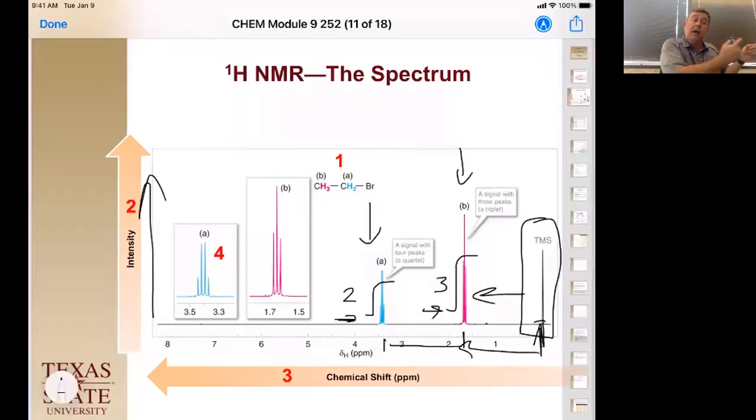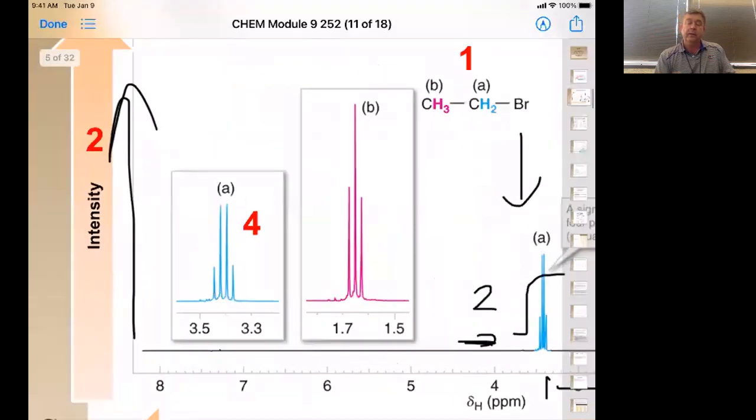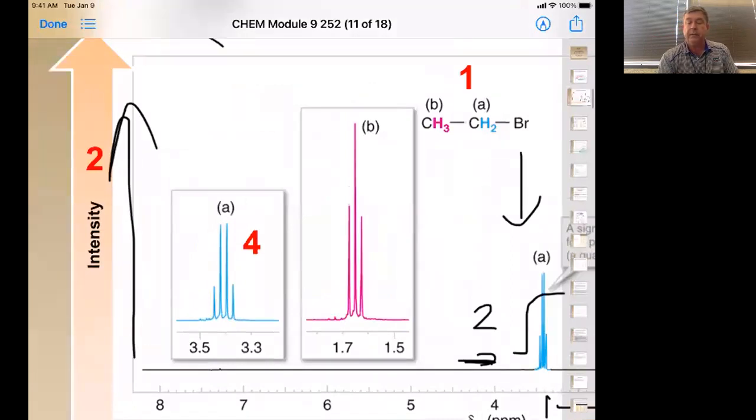The further away from 0 you are, the more you're interacting with some kind of nucleophilic atom, or a double bond, or a carbonyl. So that position tells you what's nearby. And then the last thing is the splitting. Notice that if we looked at that, we might think we should get 1 peak here and 1 peak here.